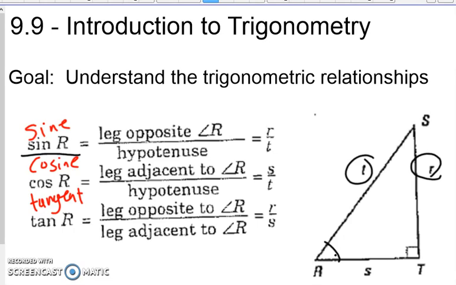If I was talking about the cosine of angle R, I'm still looking at angle R, that ratio is the adjacent side over the hypotenuse. So my adjacent side would be S. Again, remember that adjacent means next to.